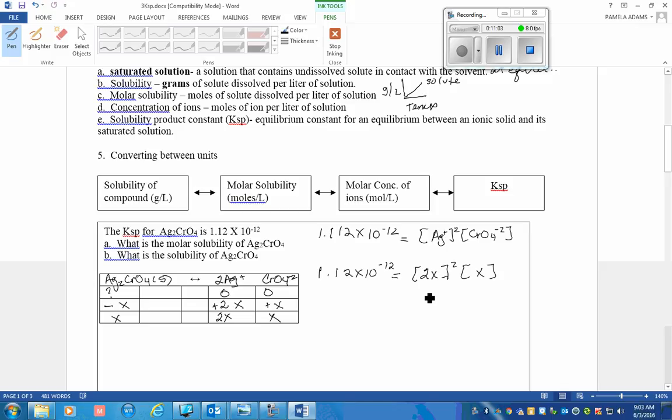2X squared is equal to 4X squared, times X gives us 4X cubed is equal to 1.12 times 10 to the negative 12.